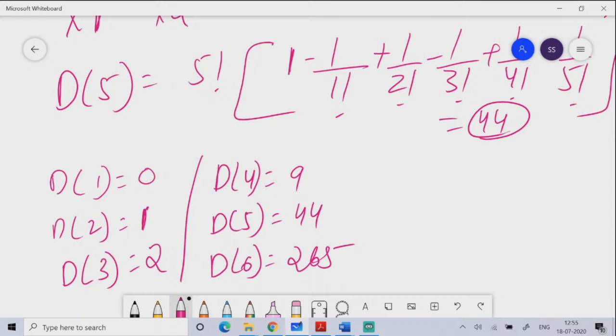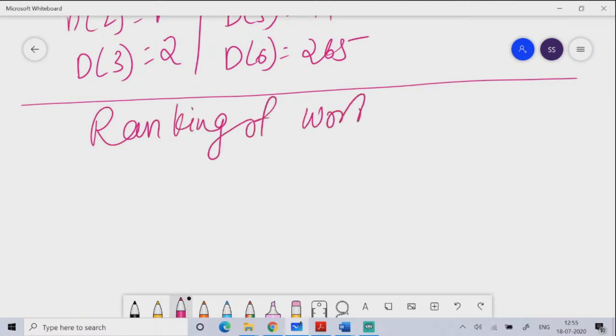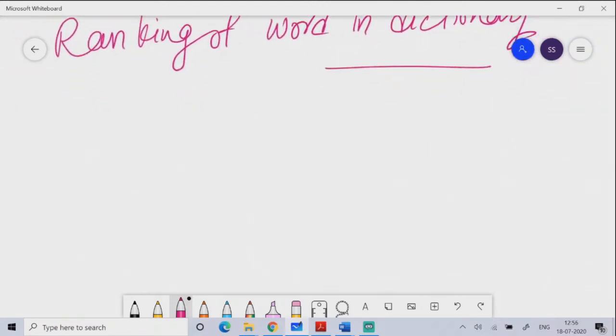Okay, next thing you should know is the ranking of a word in a dictionary.